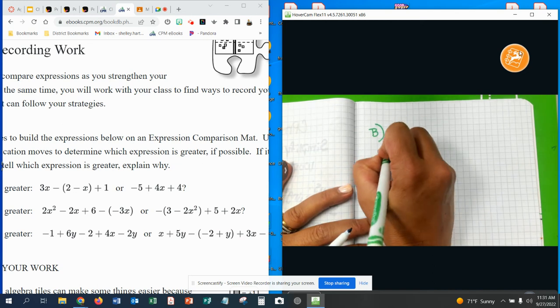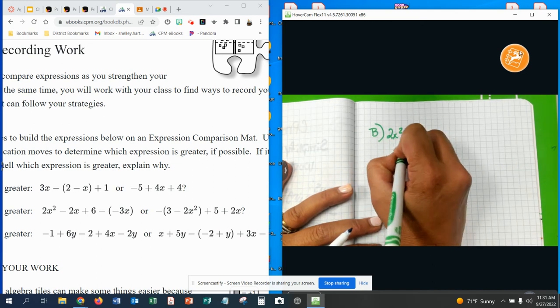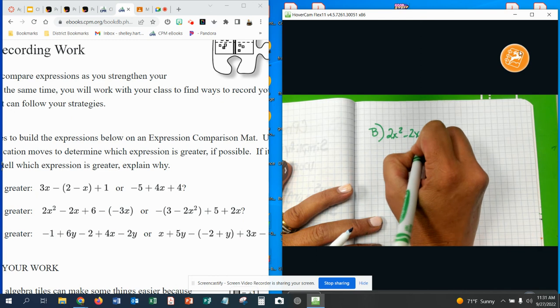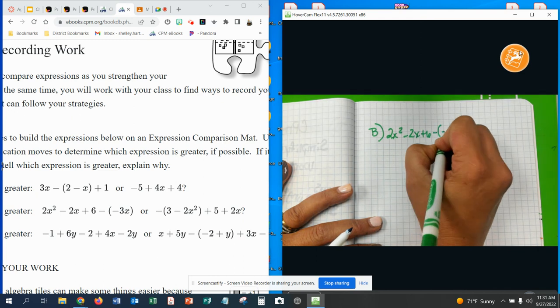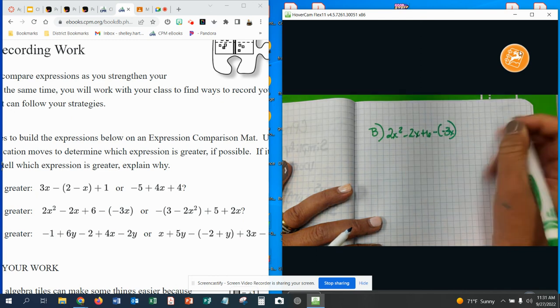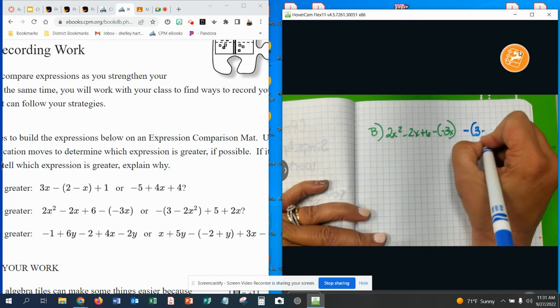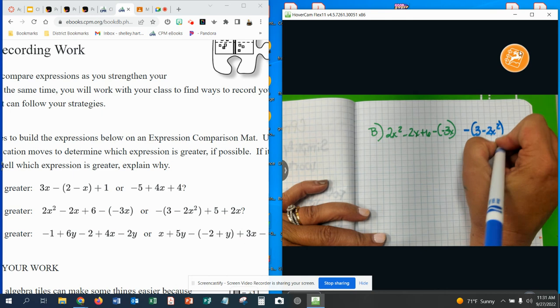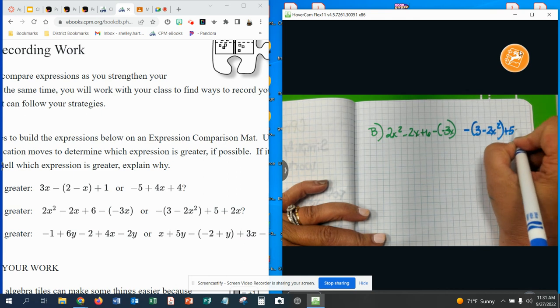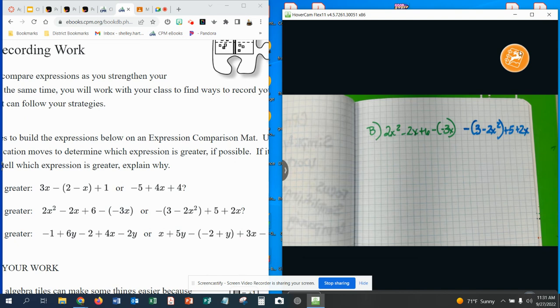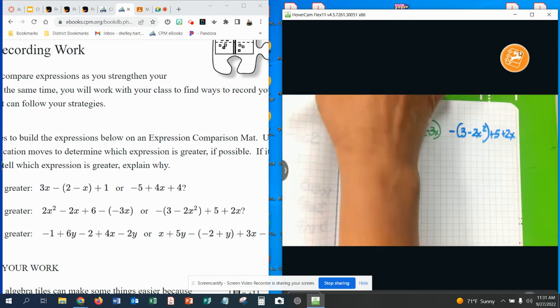So we have 2x squared minus 2x plus 6 minus 3x, or we have negative 3 minus 2x squared plus 5 plus 2x. Okay.